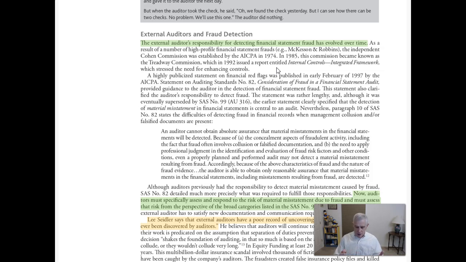Fraud occurred in many years, though, and when the injured parties, like the stockholders or creditors, sued the CPA firms, usually the CPA firm would lose, because a lot of people think the CPAs are there to certify the statements. They are certified public accountants. So you're there to certify that every penny is correct. And the auditors say, no, we're not there to do that.